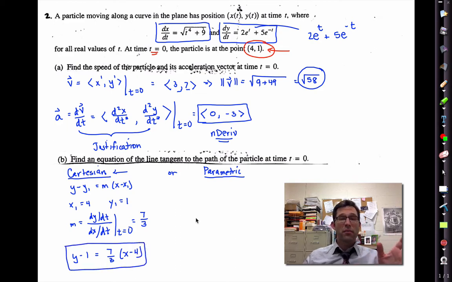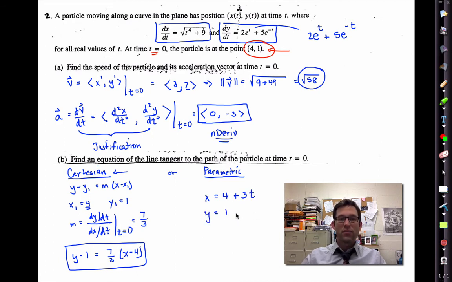We've been doing a lot of parametric work lately, so a lot of times students' minds will go immediately to the parametric. Not a great surprise there. If you were going to form the parametric equations, you'd probably write this down. X equals 4, right? That's the coordinate we start at, plus now the x component of the velocity times time.